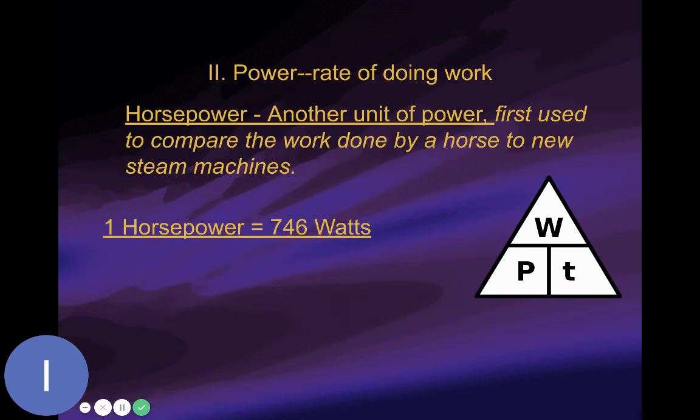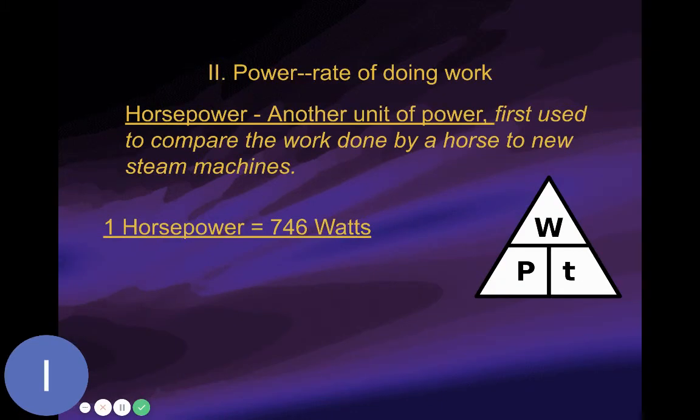There's another unit that we also use to measure power, which is something that many of you are probably familiar with. It's called horsepower. This is another unit that was first used to compare the work done by a horse to the invention of new steam machines or steam engines. So basically, it's a unit that we just have a kind of random conversion factor for, which is 1 horsepower is equal to 746 watts.